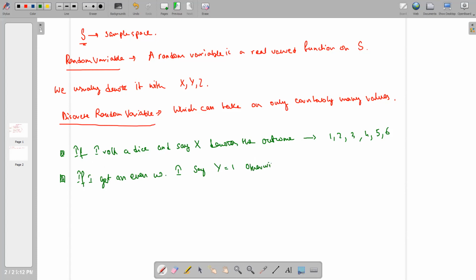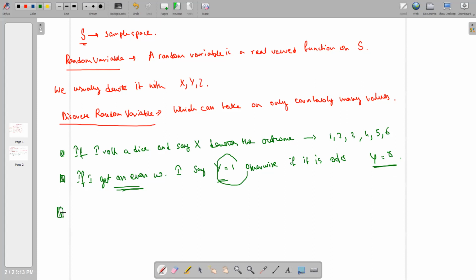Otherwise, if it is odd, we say Y equals 0. So that is also another random variable, right? If it is even, then we say that it is 1, and if it is odd, we say that it is 0.